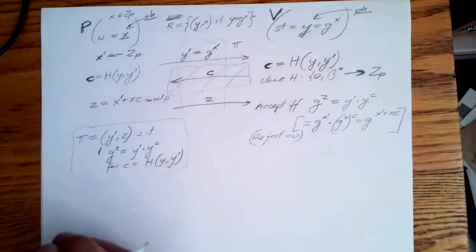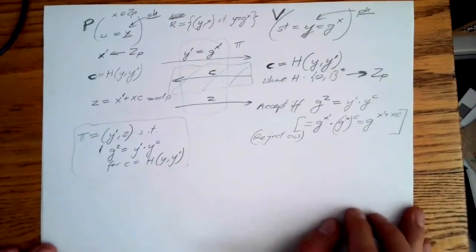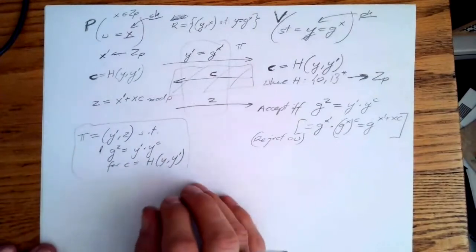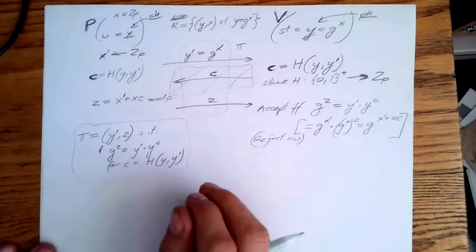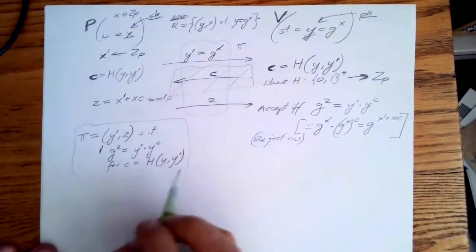Okay, we will have to postpone that to the class where you learn about these things in a more systematic way. But let me just complete with the argument for zero knowledge.